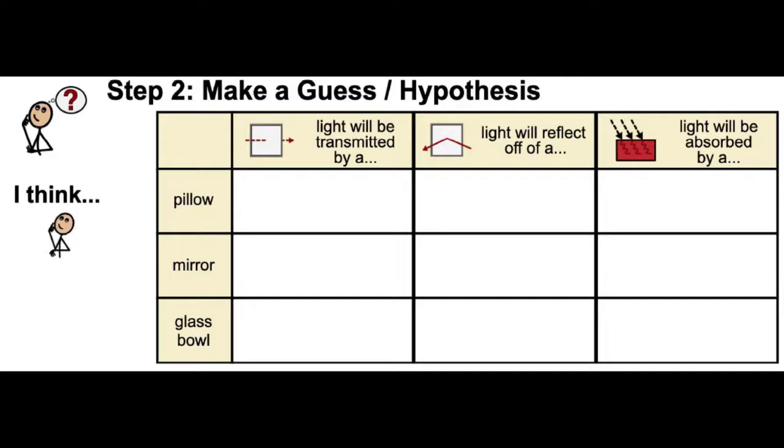Do you think light will be reflected or bounce off? Or do you think light will be absorbed or soaked up into it? Please mark your hypothesis for a pillow now.